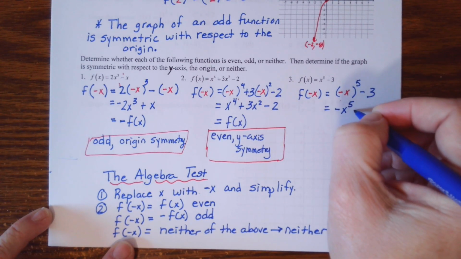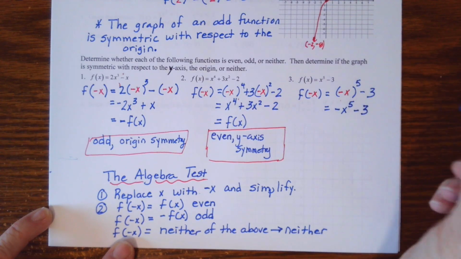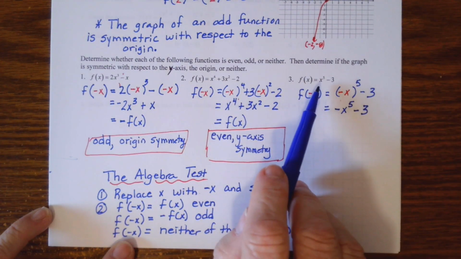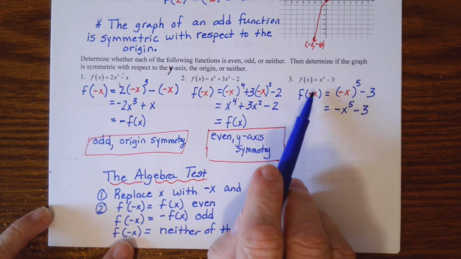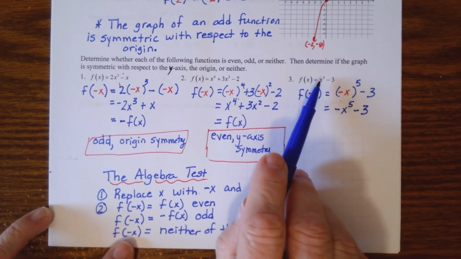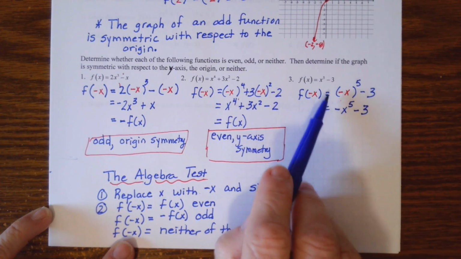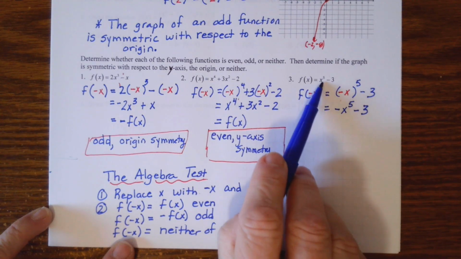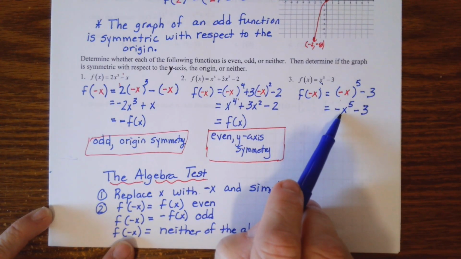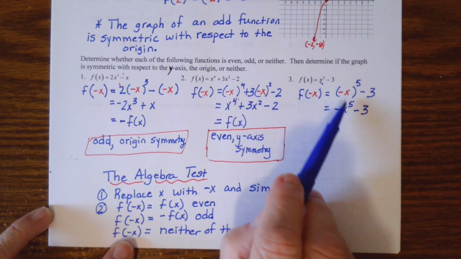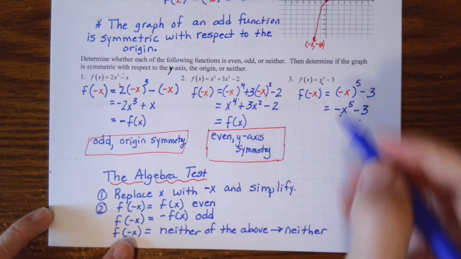So I get negative x to the fifth minus 3. So I need to compare this. All right. Now, here I go from a positive to a negative. So I've got opposite here. But then when I look at negative 3, I have something that's the same.